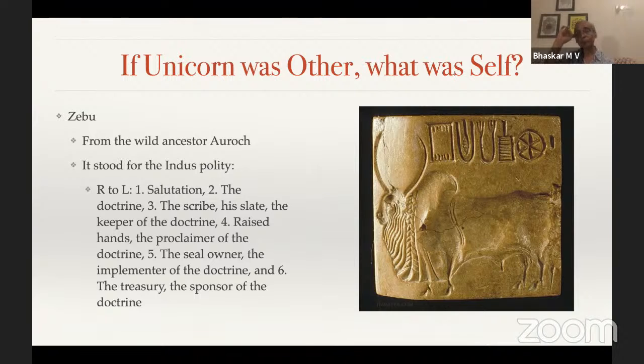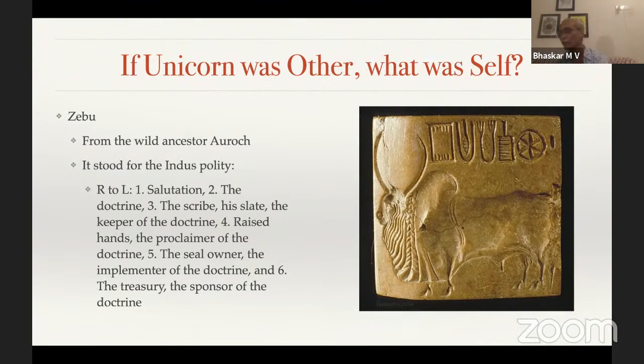And you can see, for instance, I'm just going to do a speculative reading of this particular seal, mainly to impress upon the fact that zebu stood for great things. So if I go from right to left, which is the normal reading direction, that small line there stands for a salutation of whatever kind.